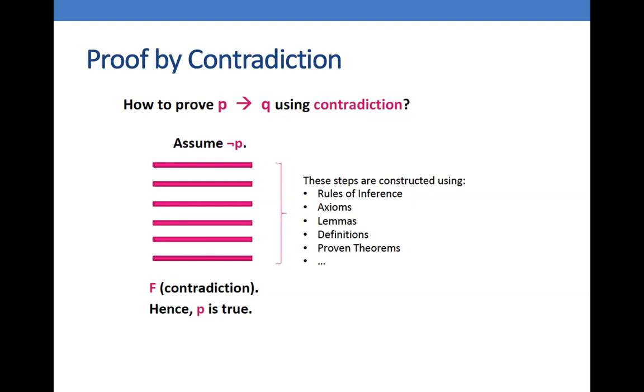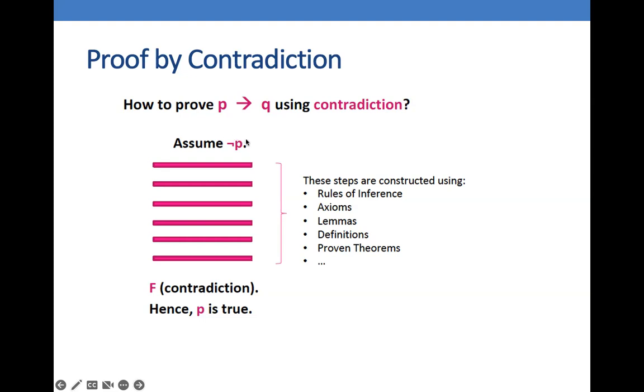If you remember in our class from the last semester, this is how we prove a certain statement using contradiction. Assuming we have this implication, we have the hypothesis that leads to a conclusion. So we assume not P, the negation of the hypothesis, and with the negation of the hypothesis, it should lead to a false statement or a contradiction.